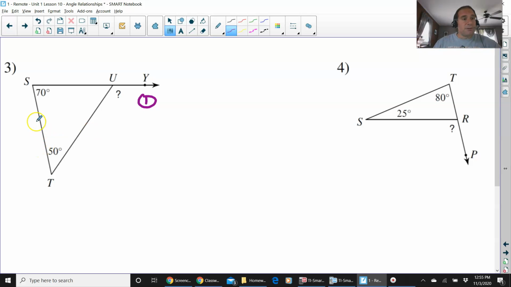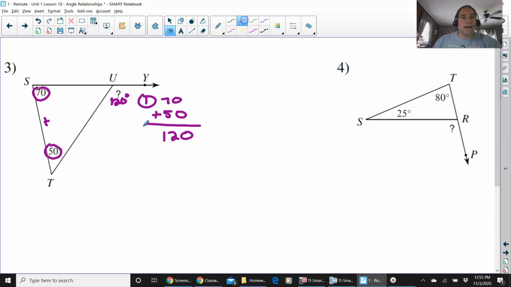So this one's pretty easy. You have the two interior non-adjacent angles. All you have to do is add them up. 70 plus 50 is 120. And that's it. This is 120 degrees.